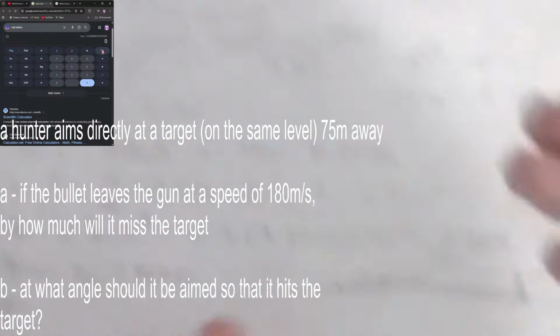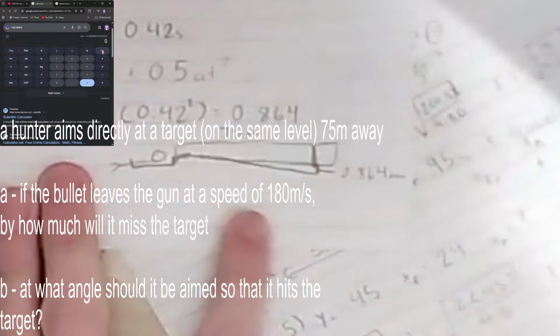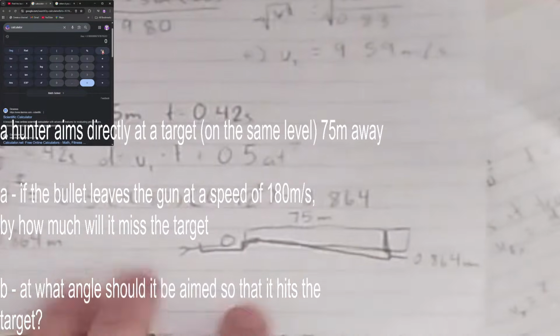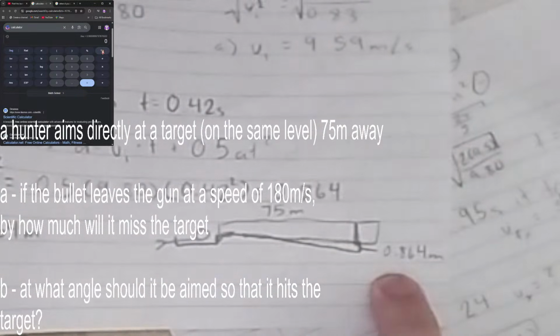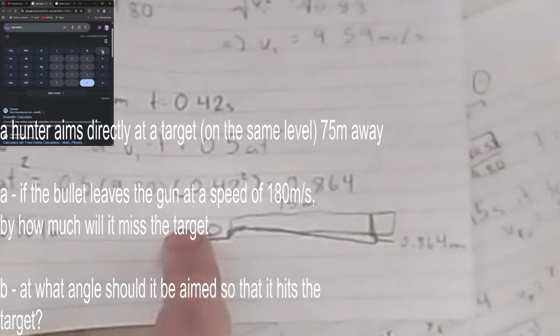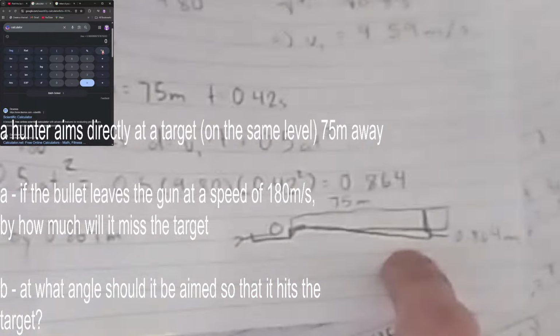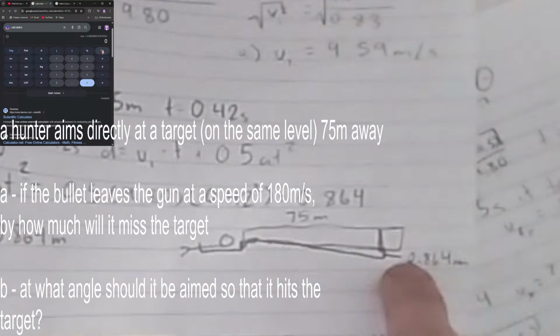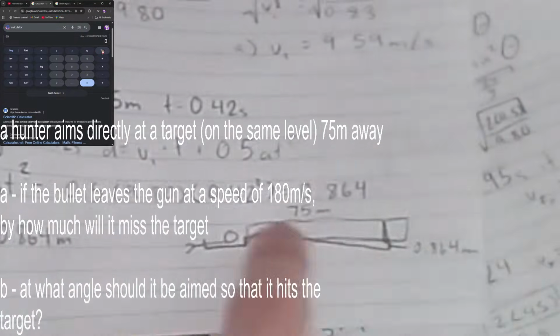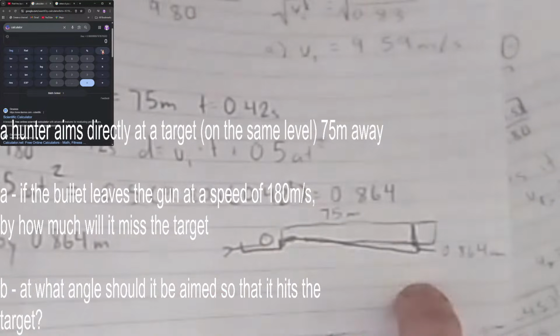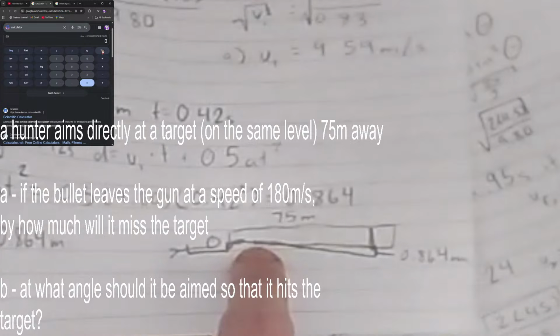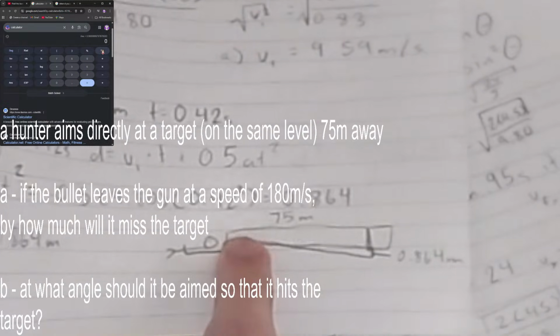This doesn't make sense. I'm just trying to... Hold on. This. Isn't the bullet... My thought process is like, it travels 75 meters that way, and it travels 0.864 meters downwards. Right? So you just find this. Just find right here.